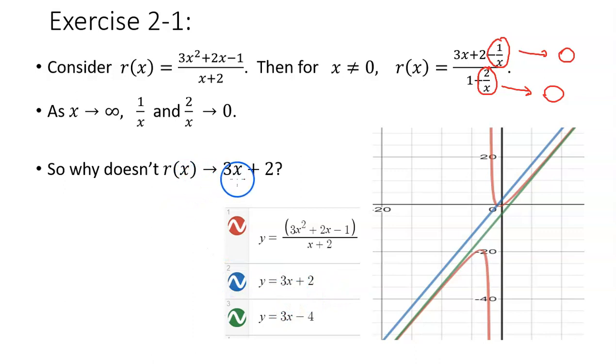So first of all, let's prove it using polynomial division. Going ahead and just using polynomial division here, x plus 2 into 3x squared plus 2x minus 1.